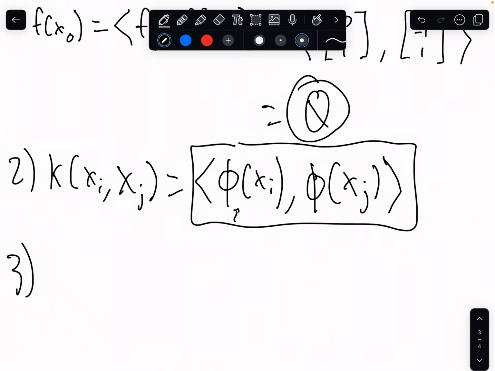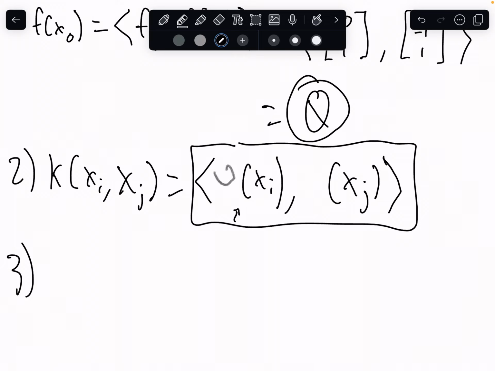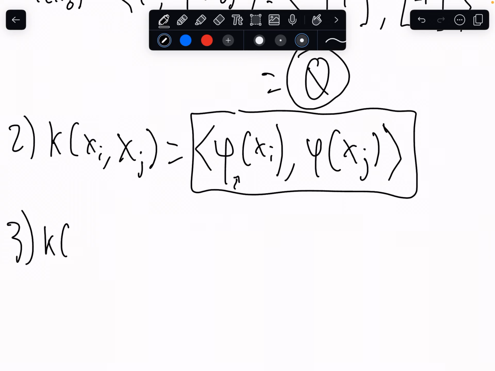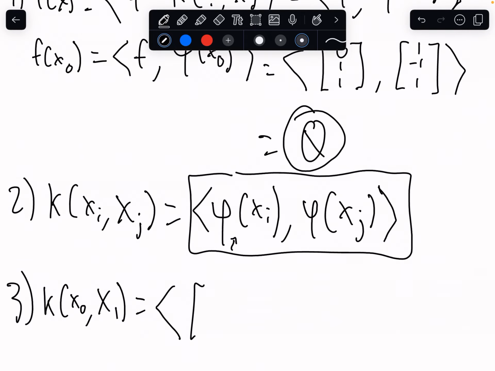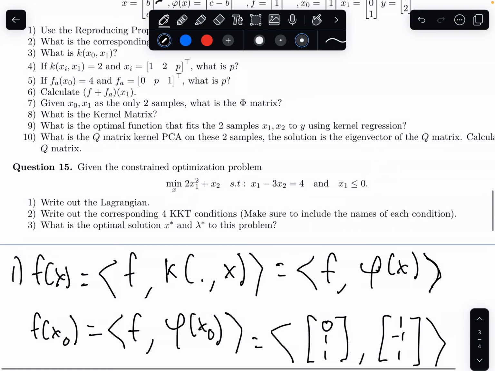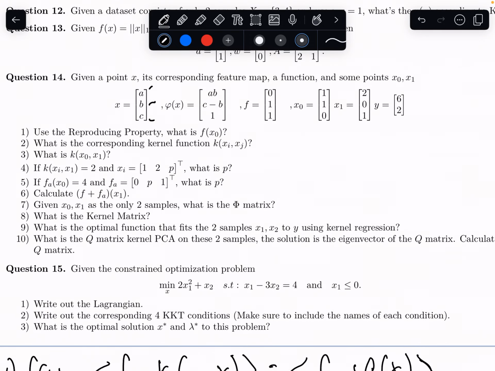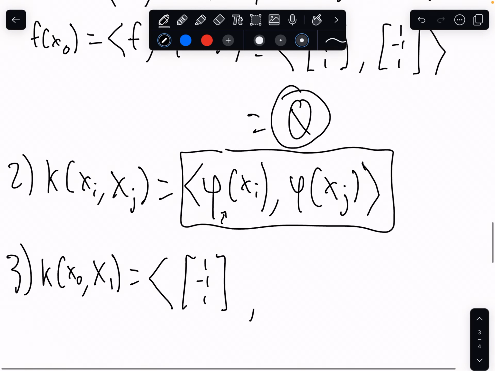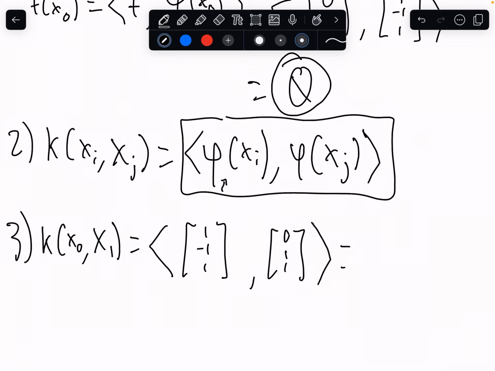It is equivalent to the inner product of little phi of x0, which we found to be 1, negative 1, and 1, and similarly, if we use our formula to find phi of x1, we'll find that phi of x1 is ab, which is 0, c minus b, which is 1 minus 0, so 1, and 1. This is going to give us, again, 0.